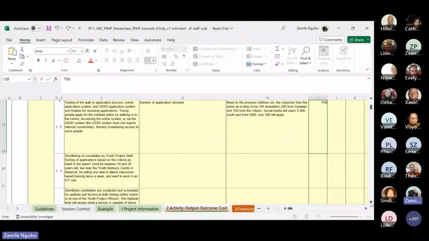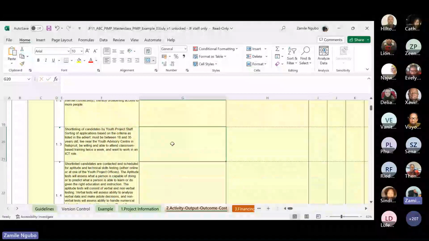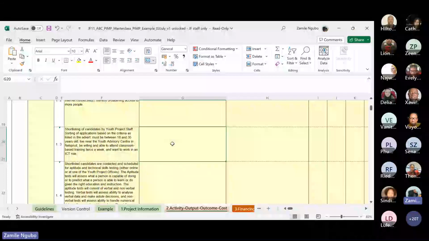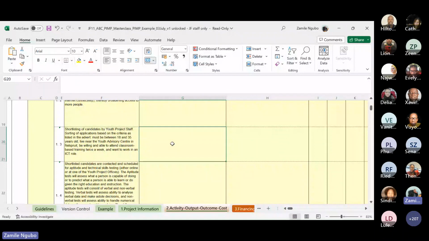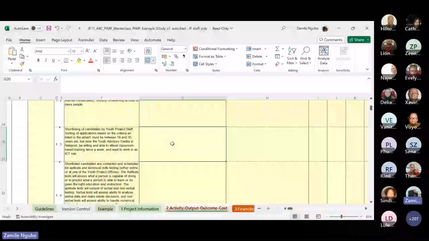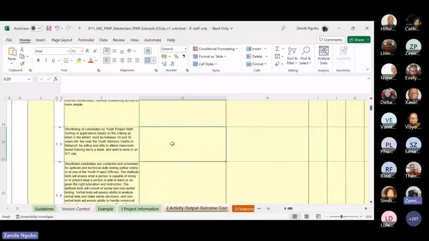So moving along to the activity, activity 1.3 will be the shortlisting. So from the pool of 750 applications, we will be shortlisting, sorting applications based on the criteria as listed in the advert. So the criteria is the applicants must be between the ages of 18 to 35, live nearby the center in Nelspruit, be able to attend class-based training twice a week, and want to work in an ICT role, which is the information communication technology sector.